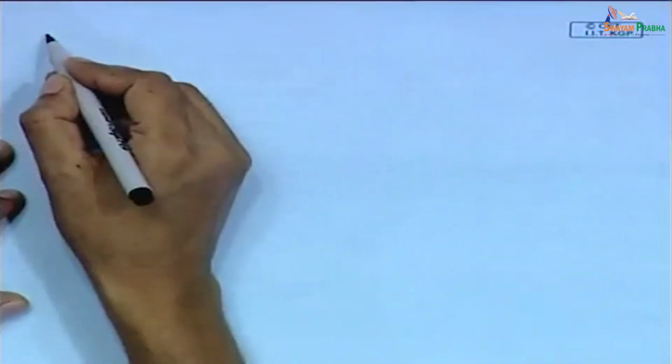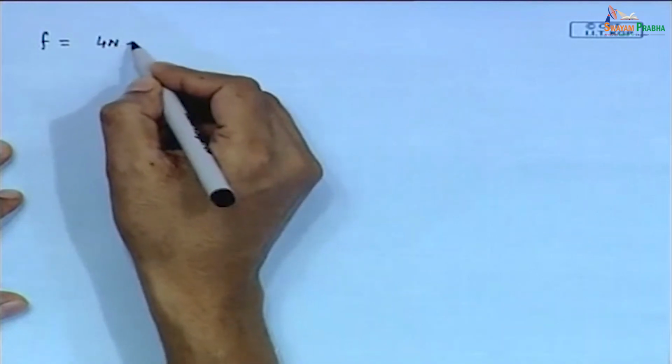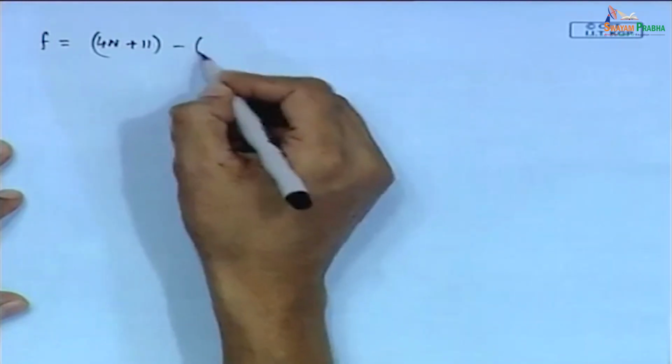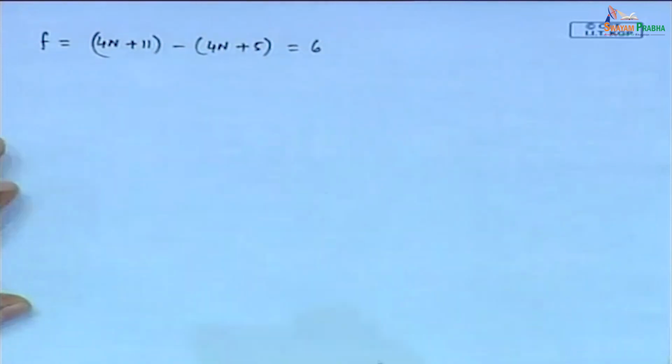So, degrees of freedom F equals 4n plus 11 minus 4n plus 5, that is 6. Fine.